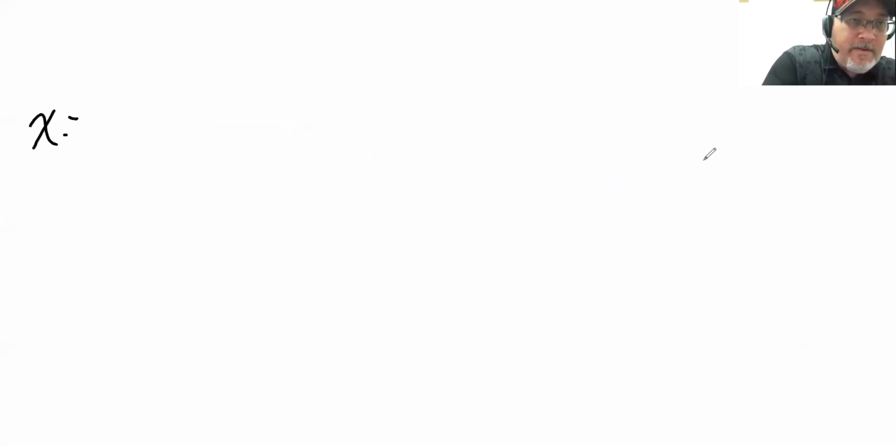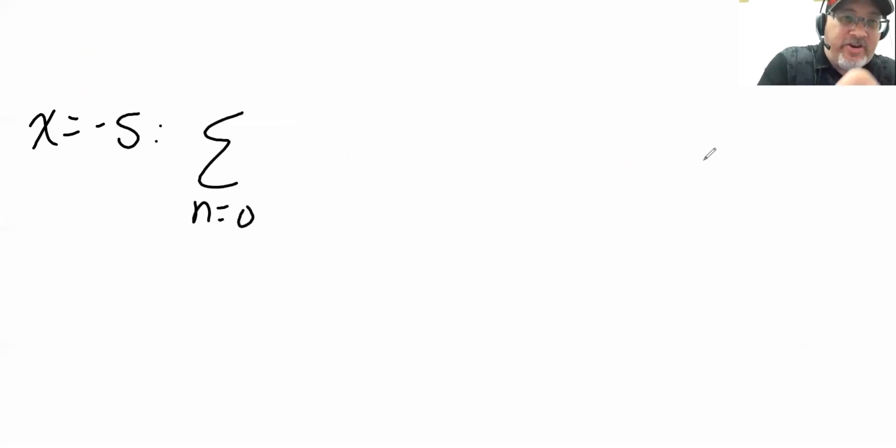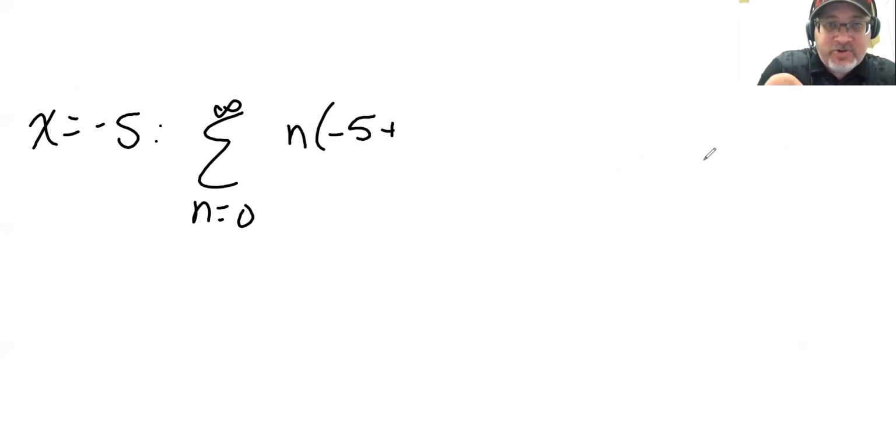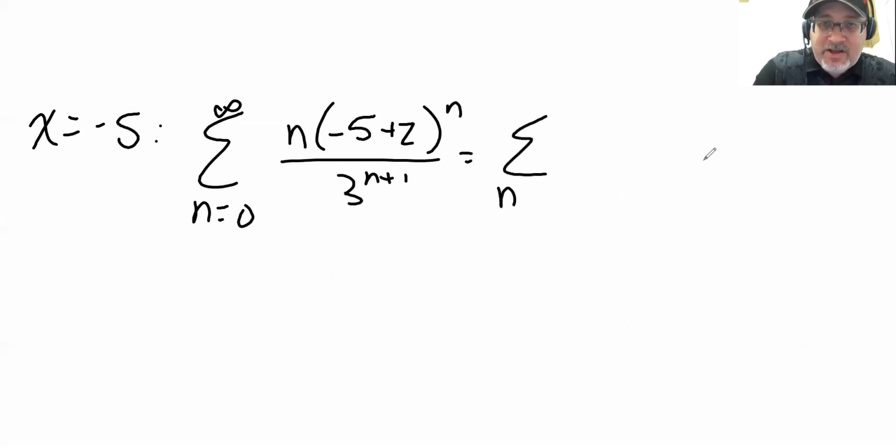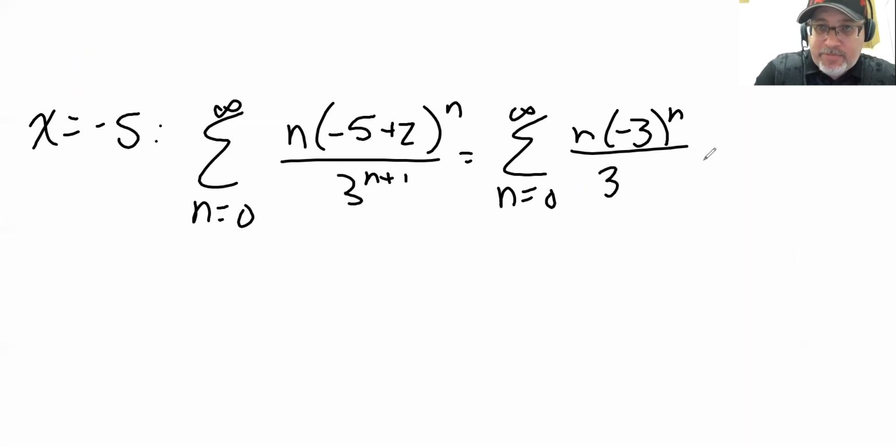Well, when x equals -5, our series becomes, let's see, it was n times (x plus 2), so (-5 plus 2) to the n over 3 to the n plus 1. That's the sum n equals 0 to infinity of n times (-3) to the n over 3 to the n plus 1. And now might be a good time to separate the alternator from the 3.